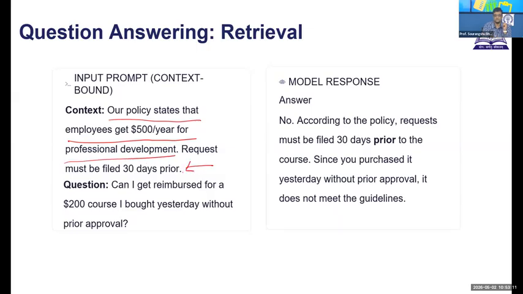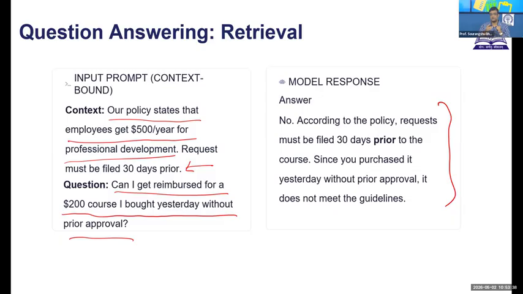Requests must be filed 30 days prior. Now the question is, can I get reimbursed for a $200 course I bought yesterday without prior approval? You want the LLM to answer, obviously, no. And generally the LLM would also give an explanation for this answer.